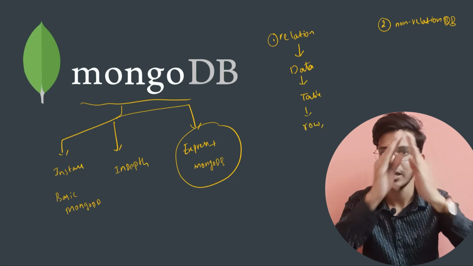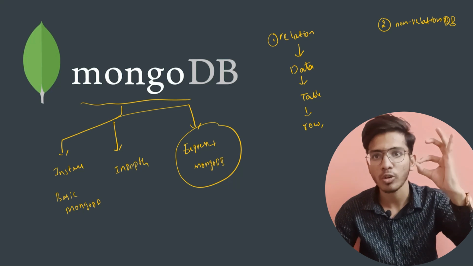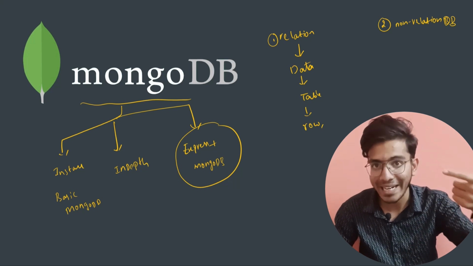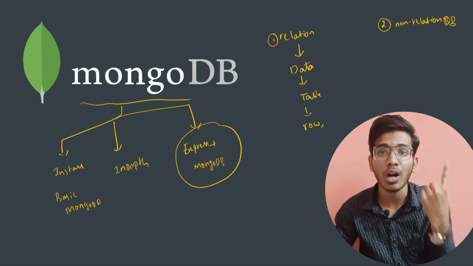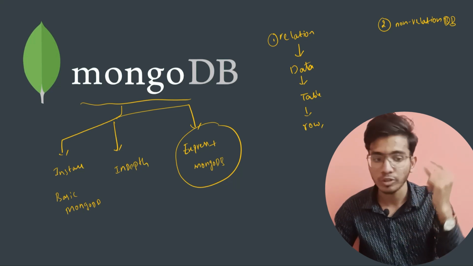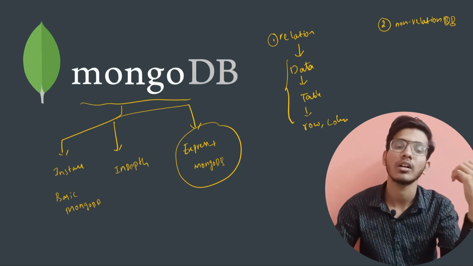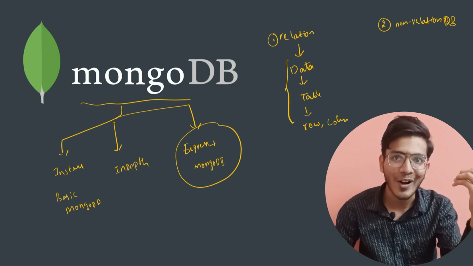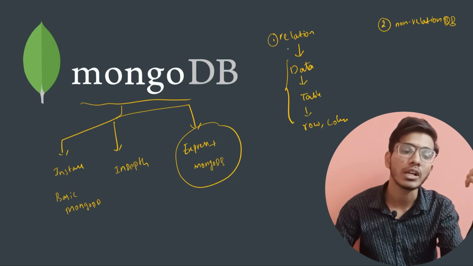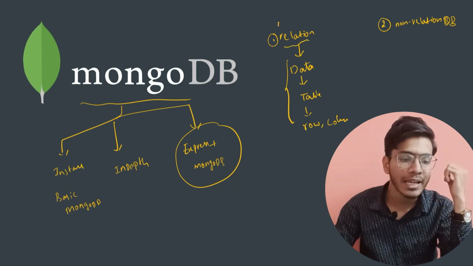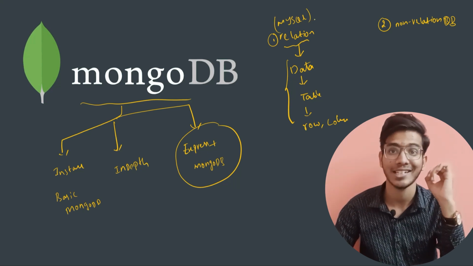Each row represents an individual data point and each column represents what type of data we are going to store. If we store data in the form of tables, we call that database a relational database, and MySQL is a relational database.